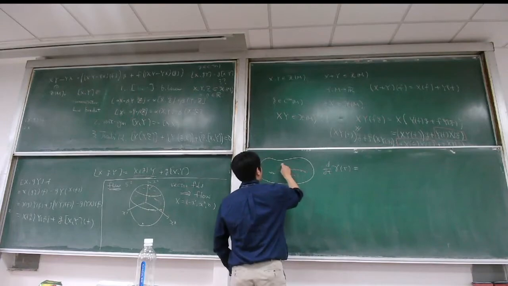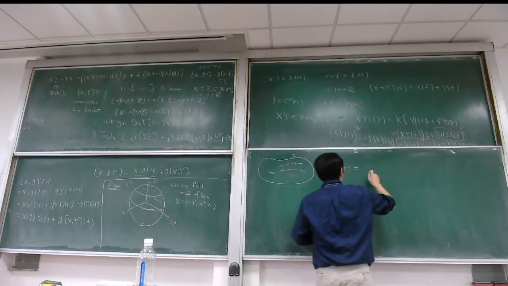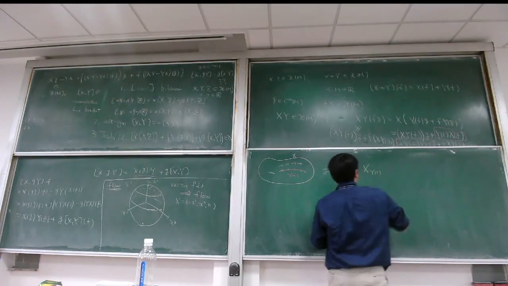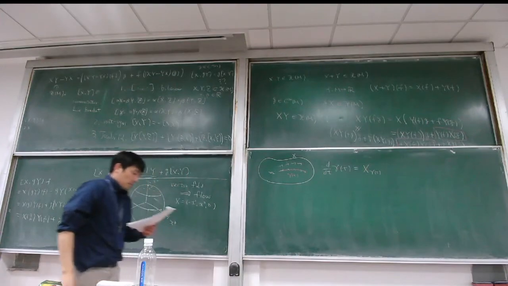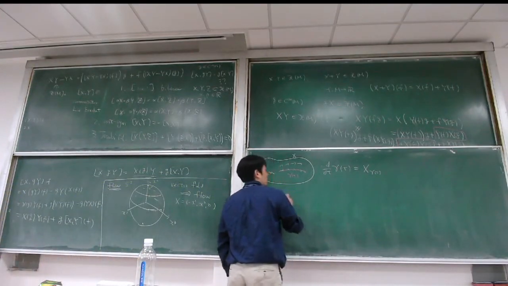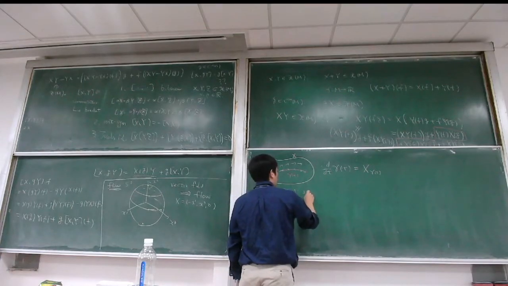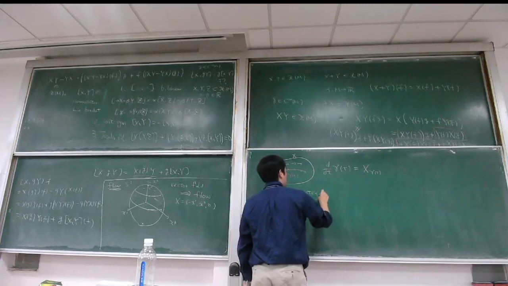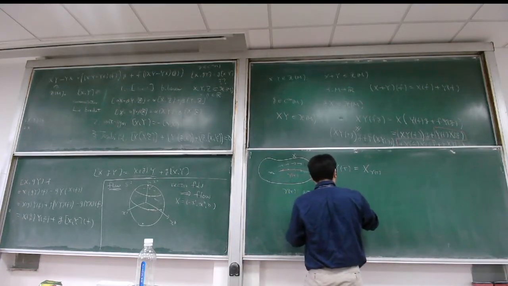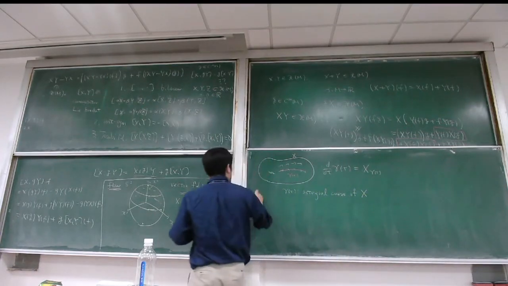Let's consider the vector field X, which satisfies X of gamma of t. So this is an integral curve. This gamma of t is called the integral curve of the vector field X. So X is a vector field.